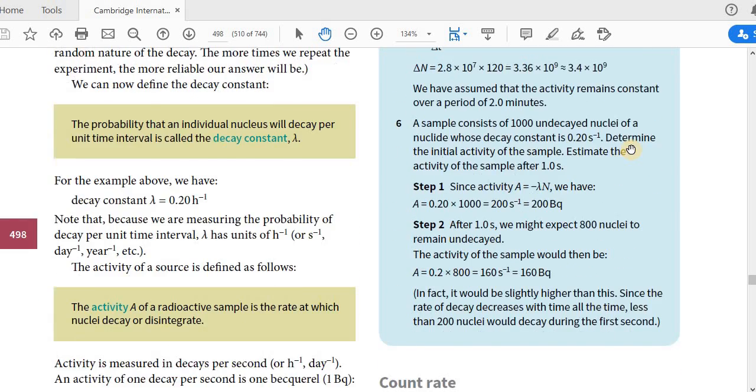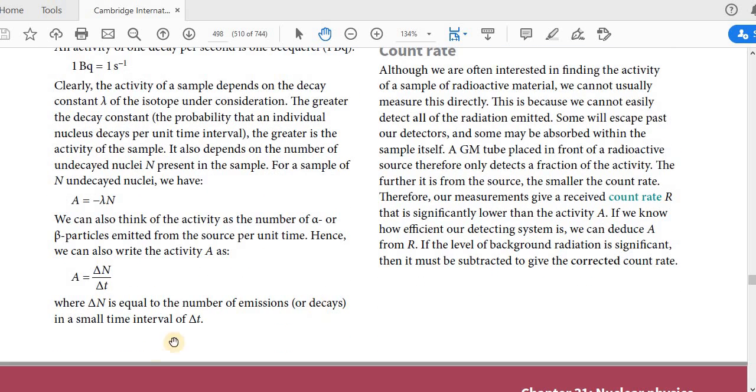Also over here we can see that when N decreases, A decreases, but over here it is delta N, the change, divided by delta t. So here it is delta N, but here it is just N, because here it is the undecayed nuclei, but here this is the number of emissions. So again be careful with that.